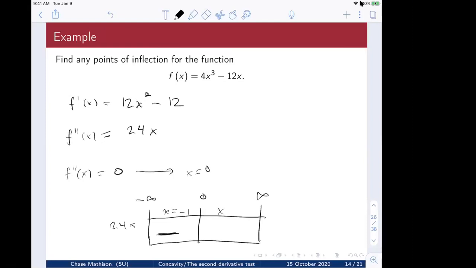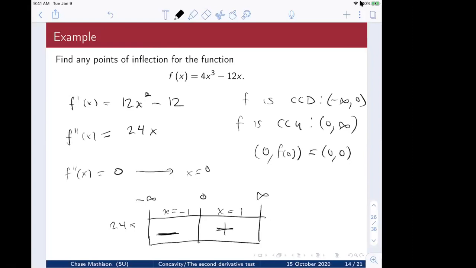And what about for x equals +1? Positive. So f is concave down from negative infinity to 0, and f is concave up from 0 to infinity. So that means that 0, comma, f of 0, which is 0, 0, is a point of inflection.